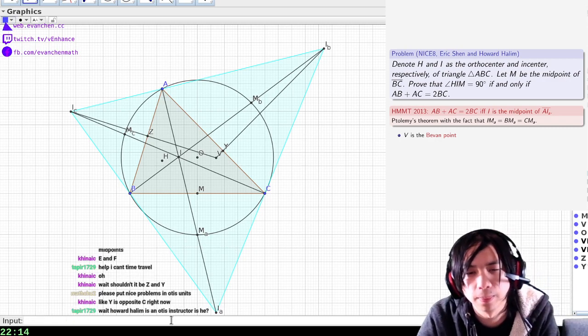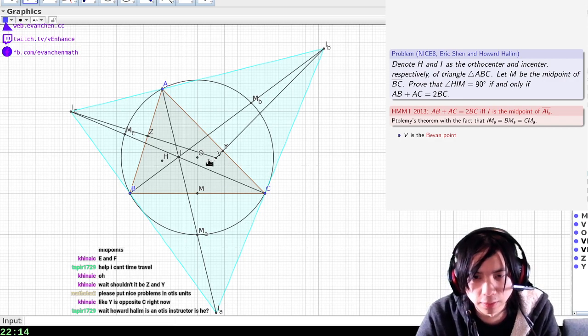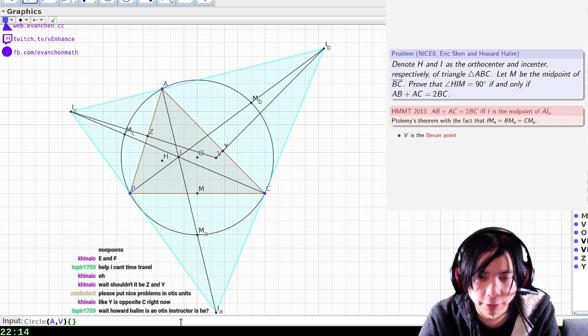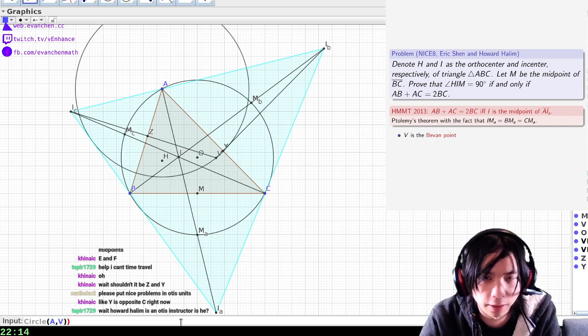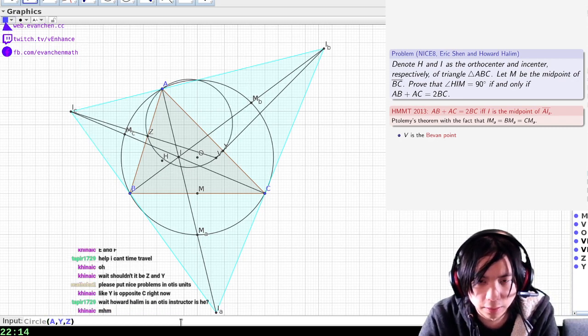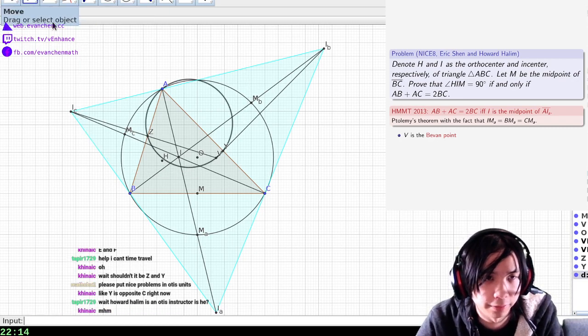Okay, Y and Z. So, the upshot is that unconditionally, the circle with diameter AV is pretty good. It passes through A, Z, and Y. There we have it. Let's color this red or something.